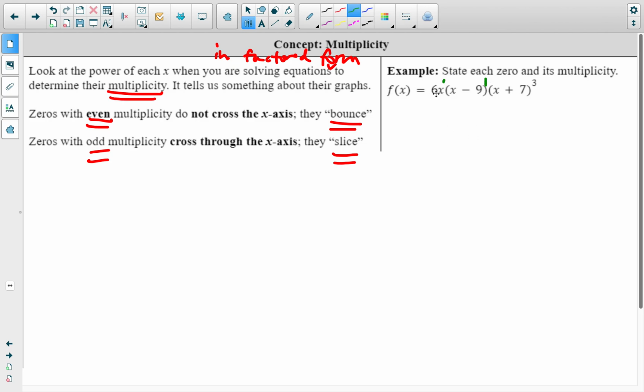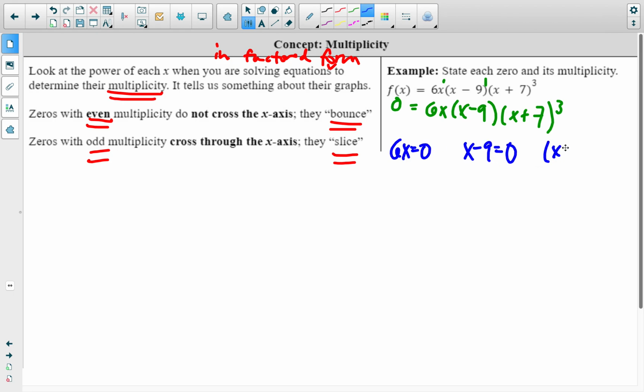Okay, so if we set this entire function equal to 0, then we end up with 6x equals 0, x minus 9 equals 0, and x plus 7 to the third power equals 0. This means that x is going to equal 0, and then we have to look back at the original degree, which was 1, so it's going to have a multiplicity.